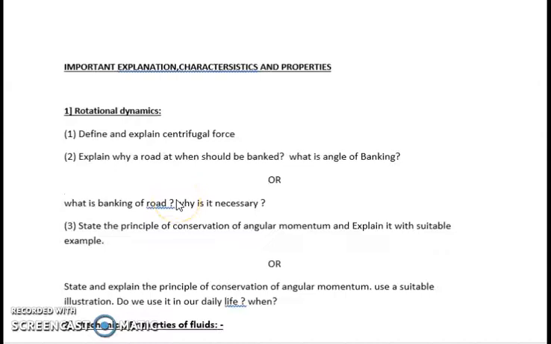After that we have some important characteristics and properties which may be asked in the examination. It is regarding centrifugal force, then explain why a road should be banked and what should be the angle of banking.